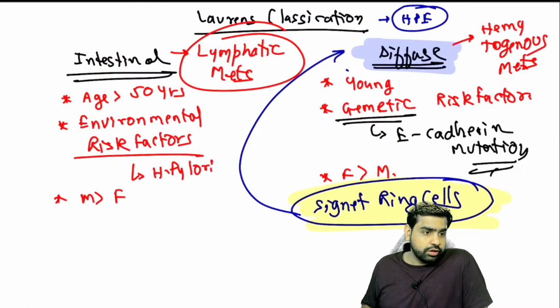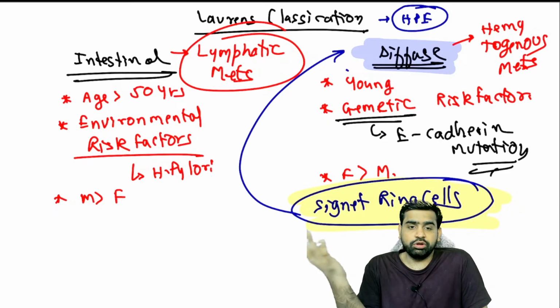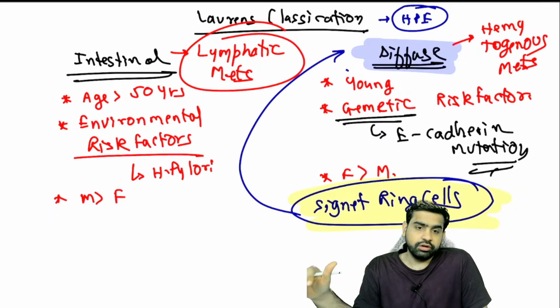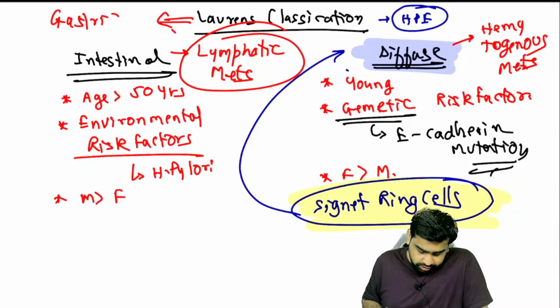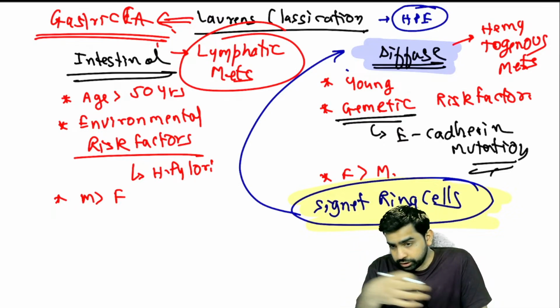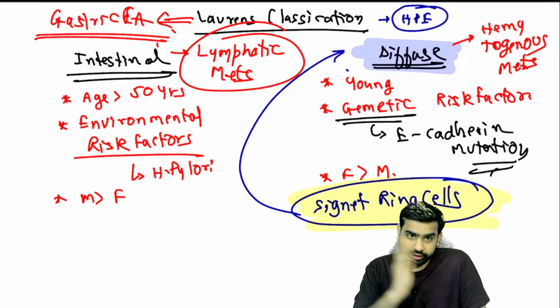Intestinal means metaplasia or metastasis to intestine? No. This is a histopathology. The histopathology people saw that this is an adenocarcinoma. Please try to understand, Lawrence classification is basically for the gastric cancer. When you did an upper GI endoscopy and took a biopsy, based on the kind of cells visible on the slide, you divided it into intestinal and diffuse.